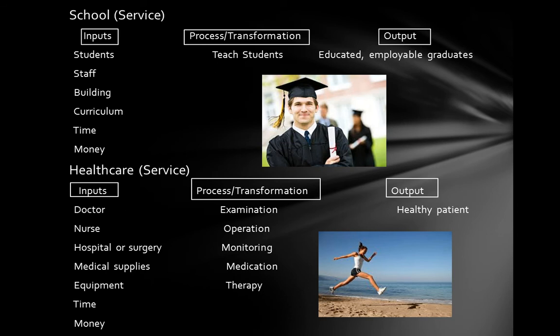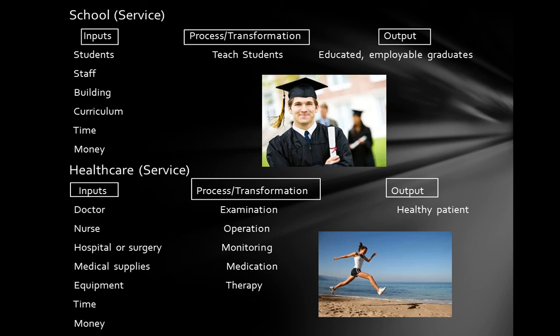Here are some examples of the organisation operations system. For example, school. This is considered a service organisation. The inputs can include students, staff, building, the curriculum, time, and money. The process or transformation is the teaching of the students and their assessment. The output is generally educated, employable graduates.